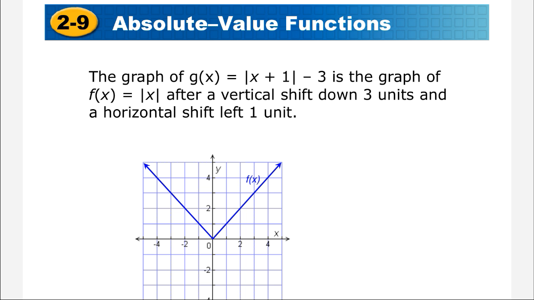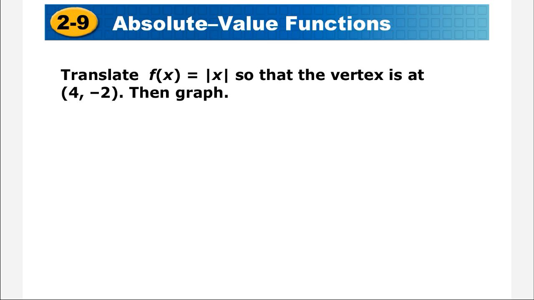And then if we want to graph that, we just go down 3 over 1. And there you go. Okay, let's do another one. The vertex is (4, -2).